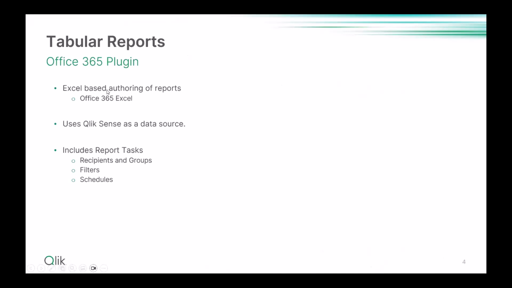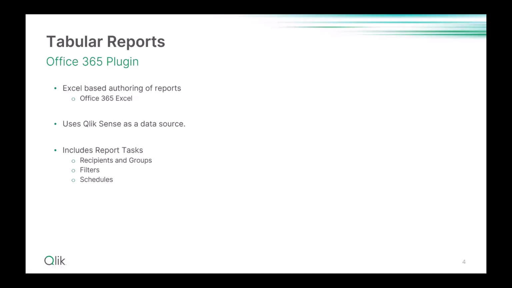The Office plugin is a 365 plugin. So you have two options. You can install it on a single machine, or you can do a corporate deploy and push it out to all users in a certain group, for example. It has a dedicated Excel authoring experience, and it also includes report tasks, which is the ability to distribute in a dedicated way explicitly for reporting.